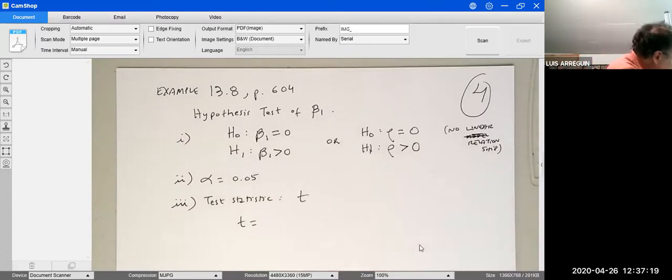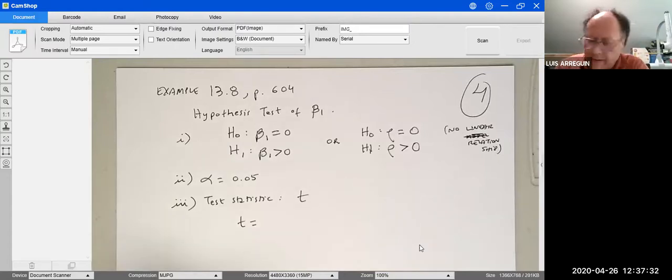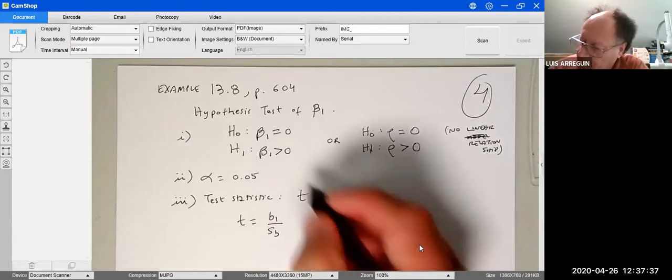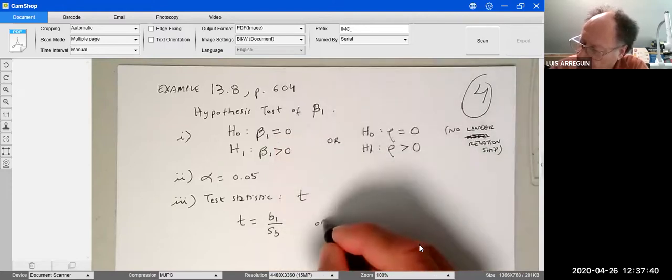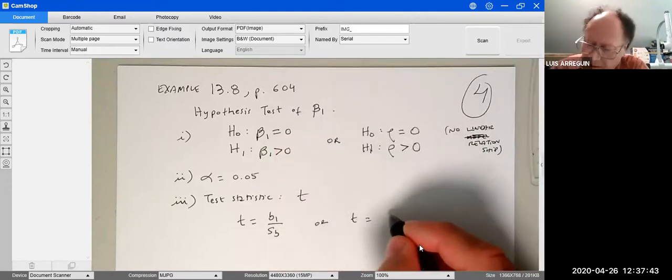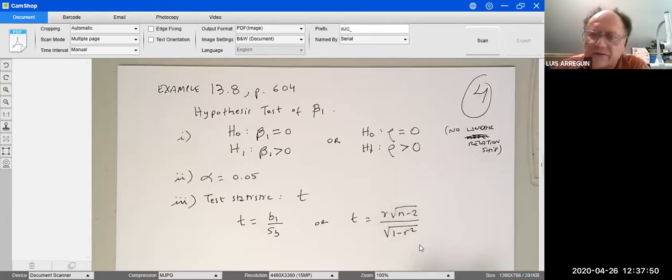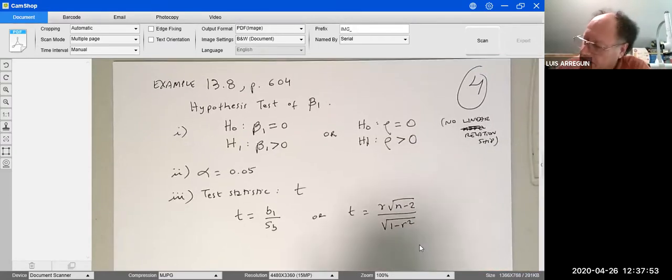So you can use one or the other. So where are my formulas? So you have b1 over s_b1 if you are following this column, or you can use directly r times the square root of n minus 2 over the square root of 1 minus r squared. So both can be used.